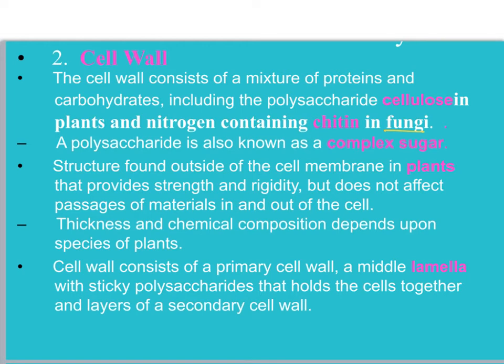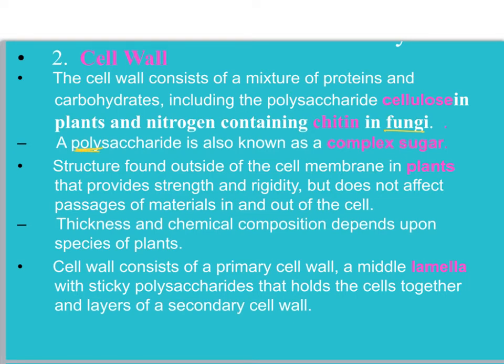So cell walls are made up of a mixture of proteins and carbohydrates, and in plants they will have the polysaccharide cellulose. In fungi they will have chitin, which is actually a polysaccharide that has nitrogen in it. So anyway, remember, a polysaccharide is a complex sugar or a mini sugar.